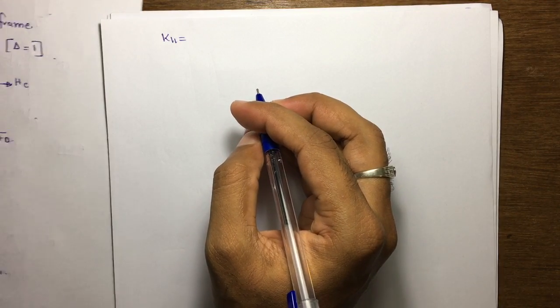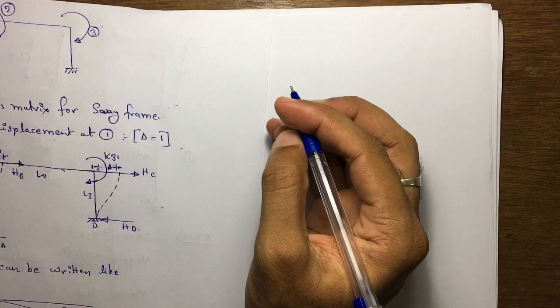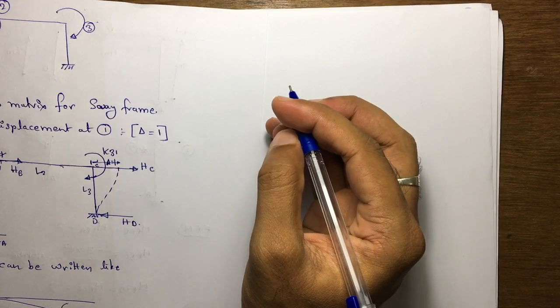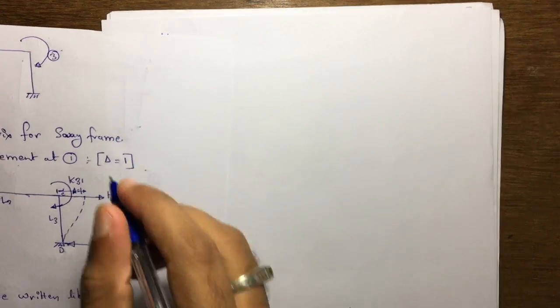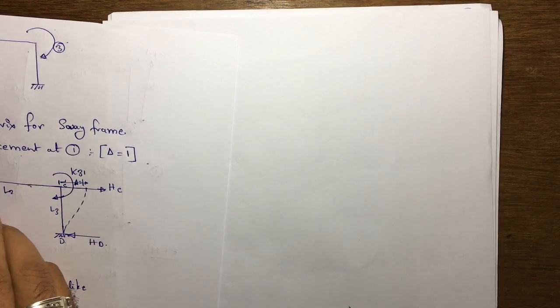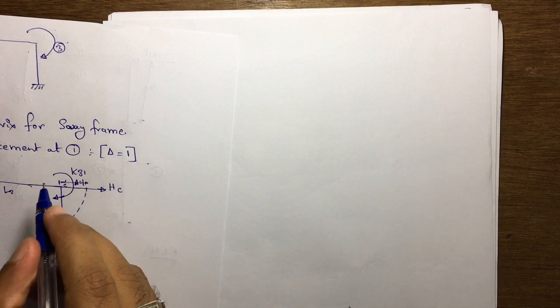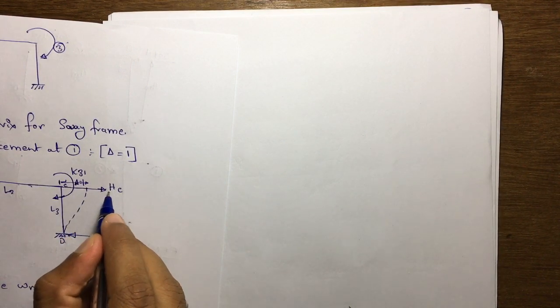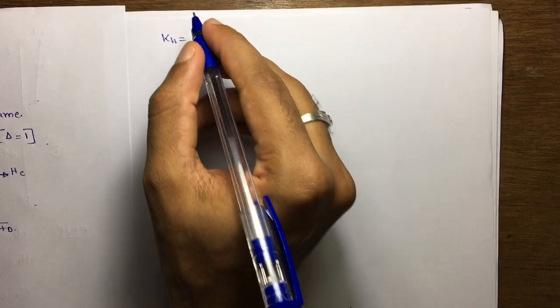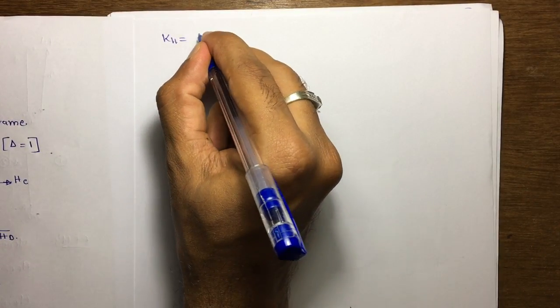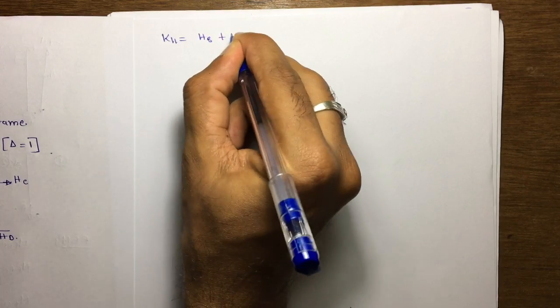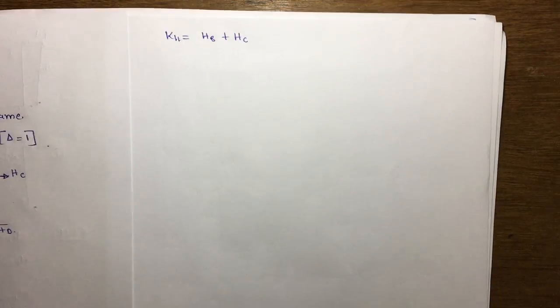That is the force at 1 due to unit deflection at 1. That is nothing but HB plus HC. Therefore K11 is equal to HB plus HC.